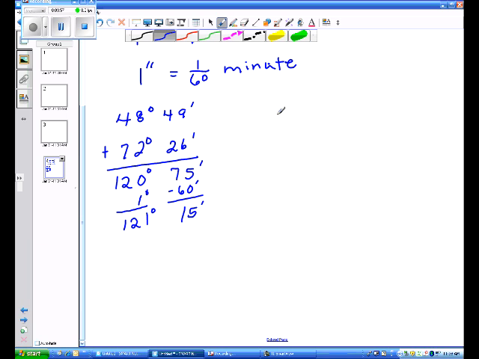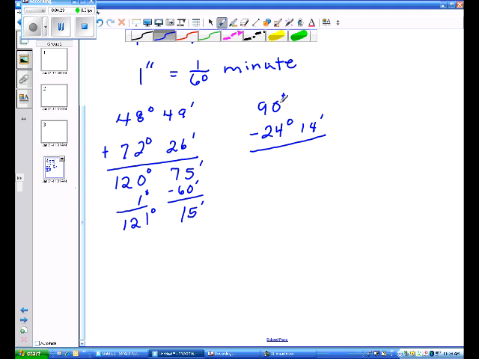If we want to subtract, let's say we have 90 degrees and we want to subtract 24 degrees, 14 minutes. Well, we can only subtract minutes from minutes. We don't have any minutes, so we're going to have to do what you would call borrowing. It's actually renaming.